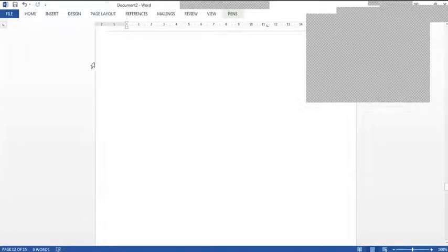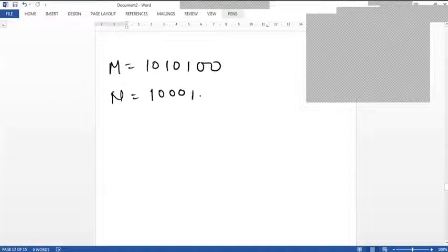Now let us see 1's complement. Whether you carry out subtraction using 9's complement, or 10's complement, the answer should be the same. Similarly, the same example I am taking. We have already studied 2's complement.